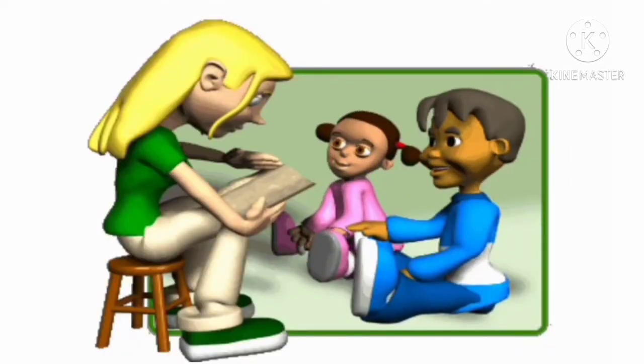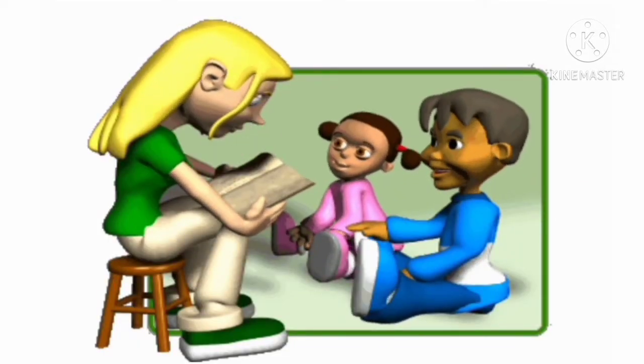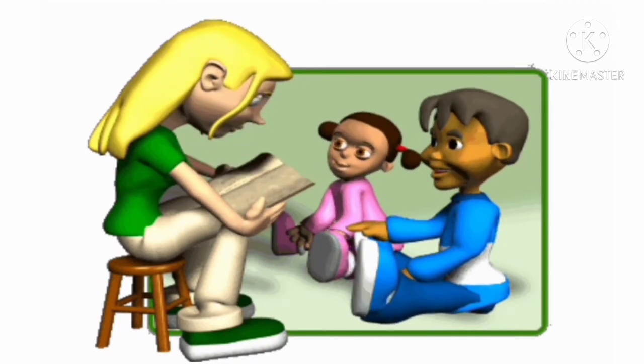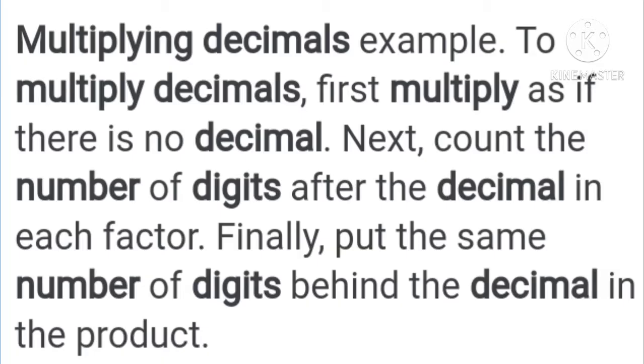Now students, before going to do problems, let's see how to divide and multiply the decimal numbers. Multiplying two decimal numbers. To multiply decimals, first multiply as if there is no decimal. Next, count the number of digits after the decimal in each factor. Finally, put the same number of digits behind the decimal in the product.